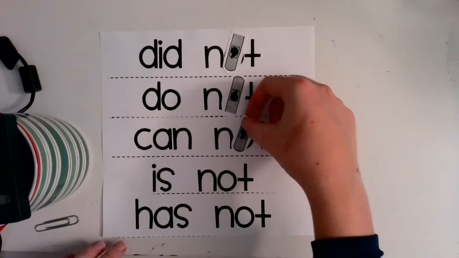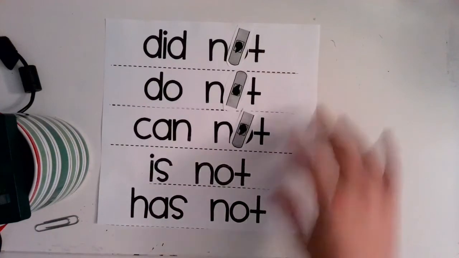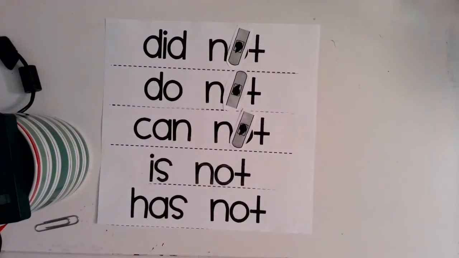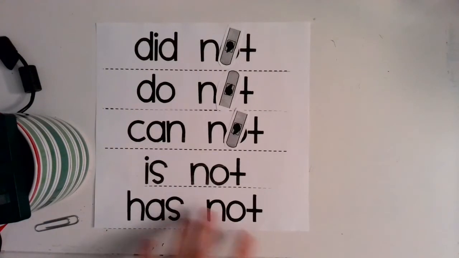We're going to cover up this O. Did you figure it out? This one's tricky. It becomes can't. You can't take the cookie from the cookie jar.